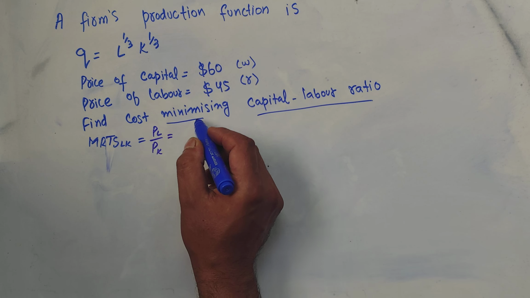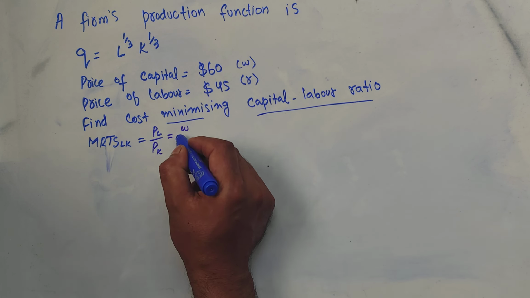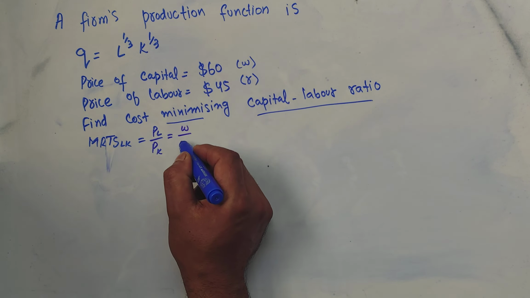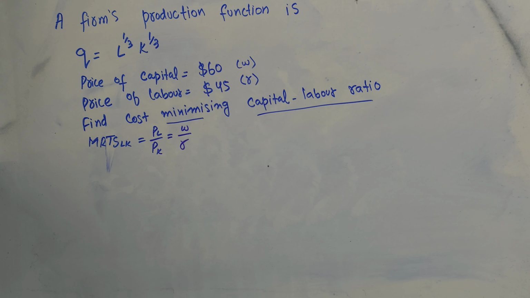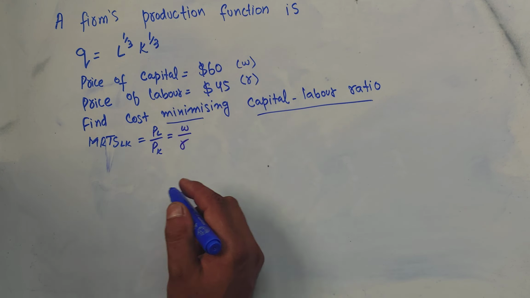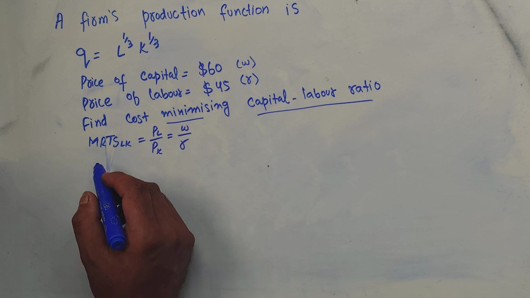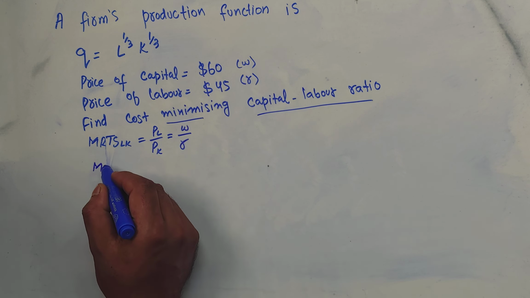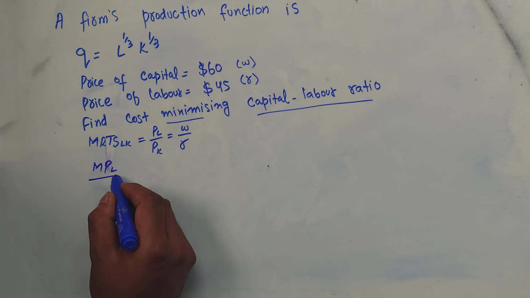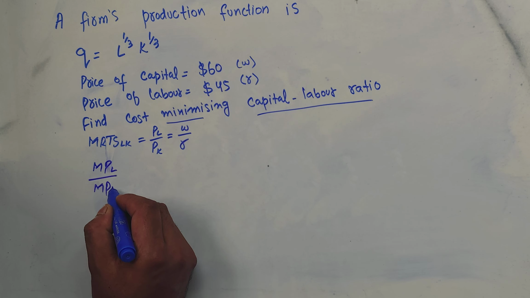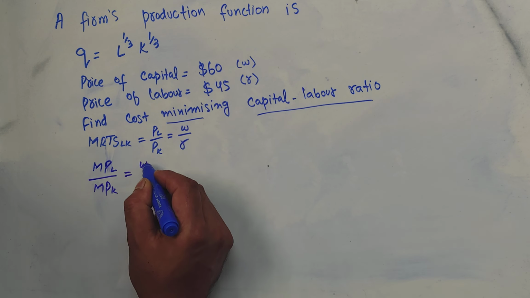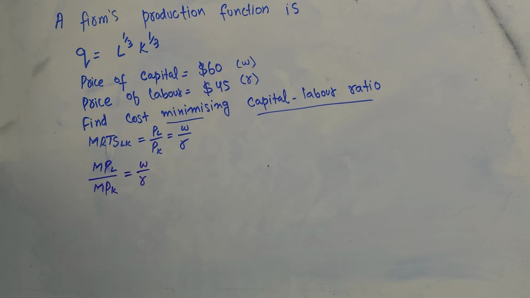In this case the price of labor is the wage rate W and the rental rate of capital is R. Or we can write that the marginal rate of technical substitution is simply the ratio of the marginal product of labor upon the marginal product of capital, and it should be equal to the wage rate upon the rental rate of capital.